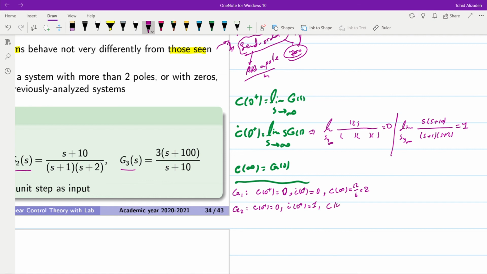And finally, c at infinity for this system will be equal to 10 over 2, which is 5. Basically, it's equal to g at 0.